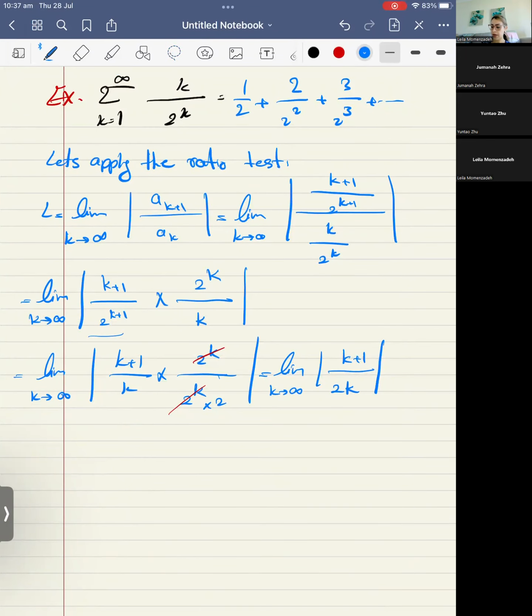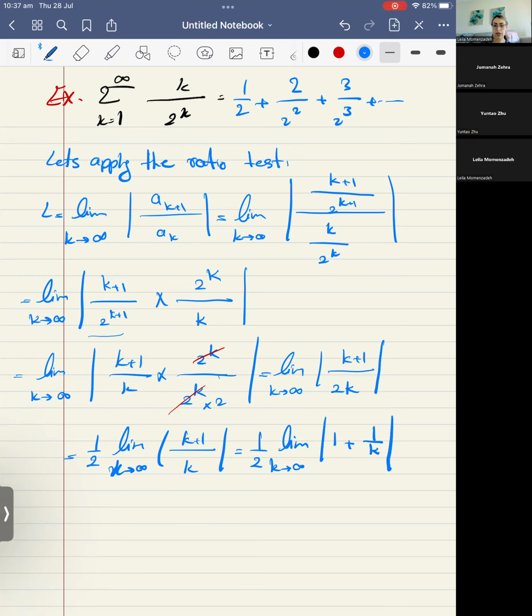Now I can take out 1 over 2 from the limit as k goes to infinity of (k plus 1) over k. I can write this as 1 over 2 times the limit as k goes to infinity of k divided by k, 1 plus 1 over k.